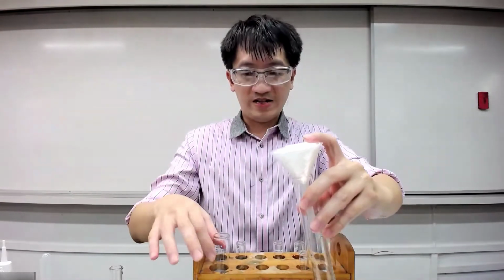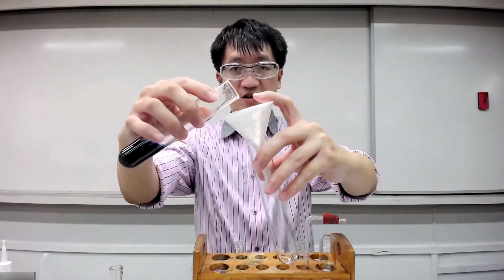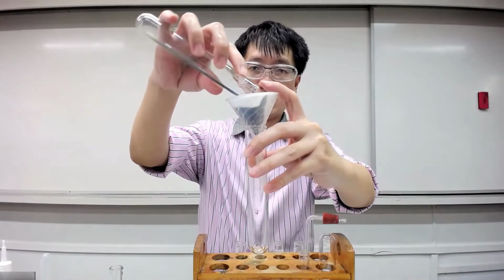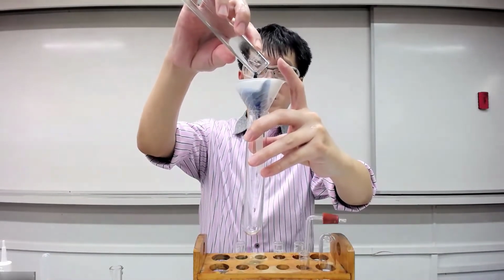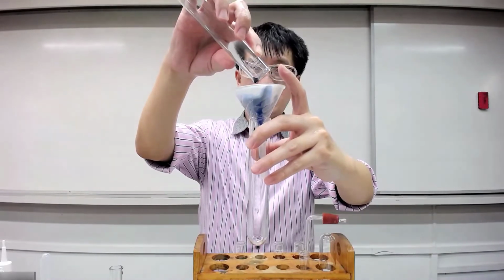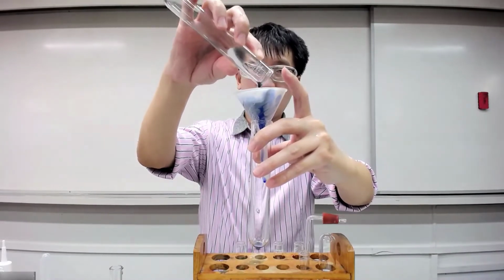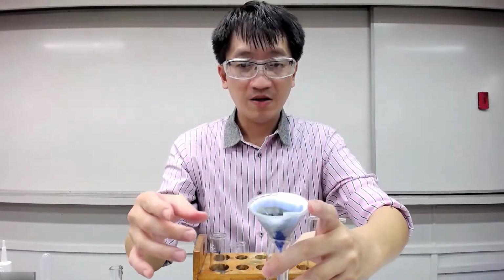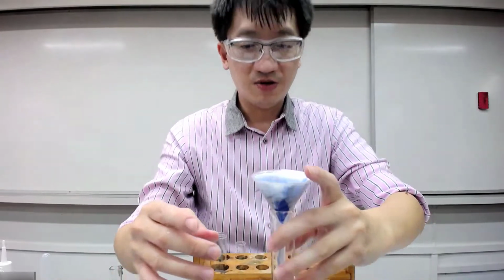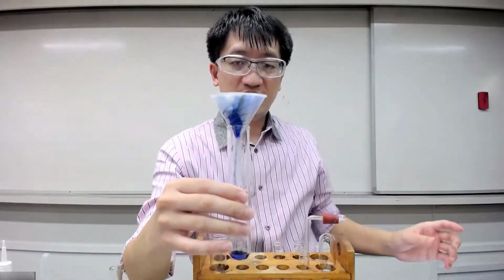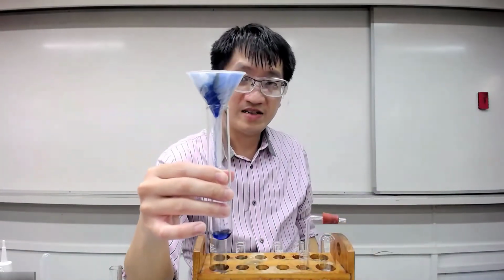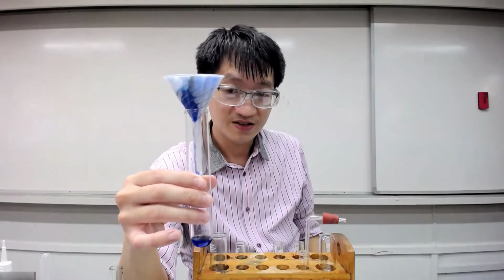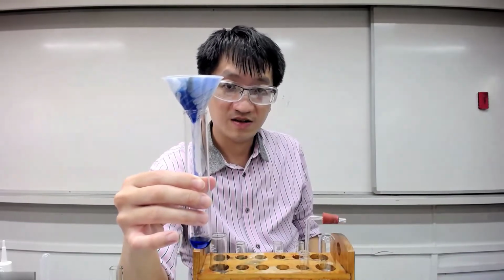I don't know what is really the best way, so I just pour it in directly first. Okay, I really want you to observe. If I can tilt the thing a little bit, I'm scared that it will just flow out. Okay, so now you can see that it's really a dark blue solution as the filtrate.